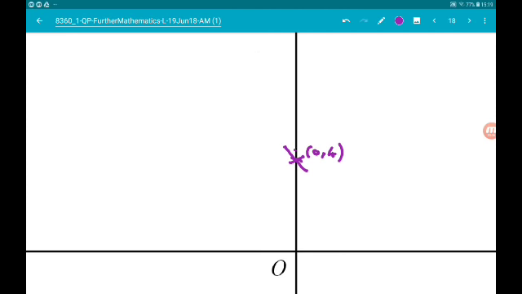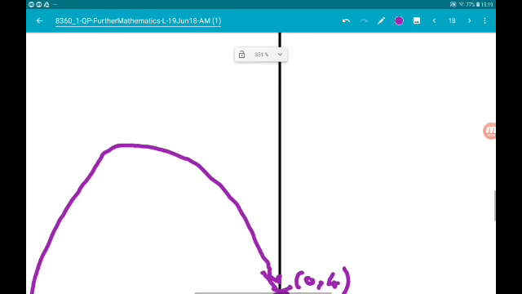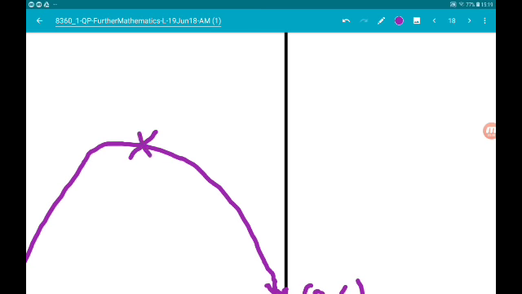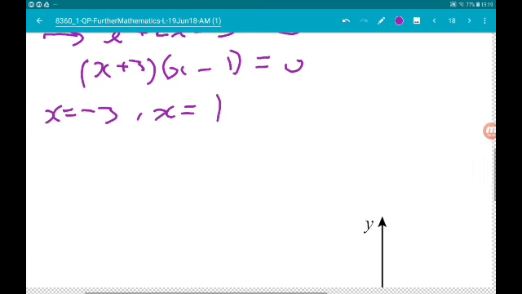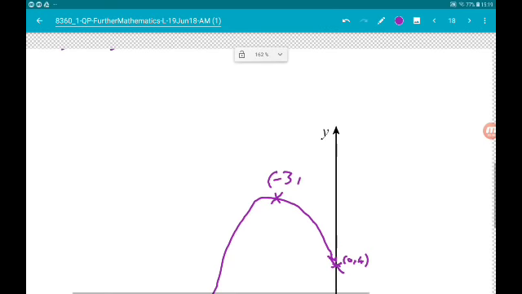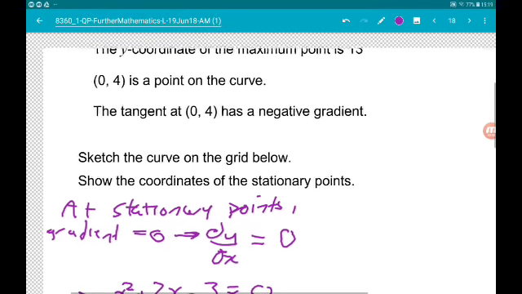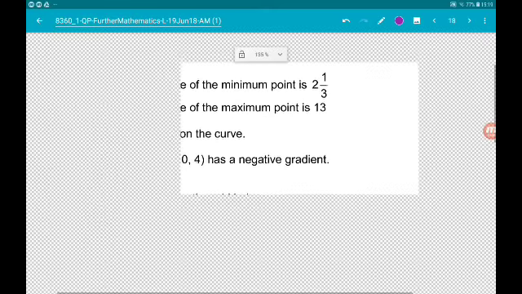So this is doing something like that. Now we know the x-coordinate of the maximum is going to be the negative that we just found, so it's going to be -3. Now the question also told us what the y-coordinate was. So the y-coordinate of the maximum is 13.